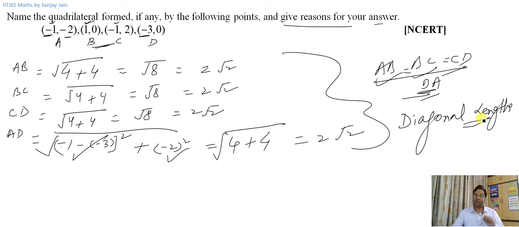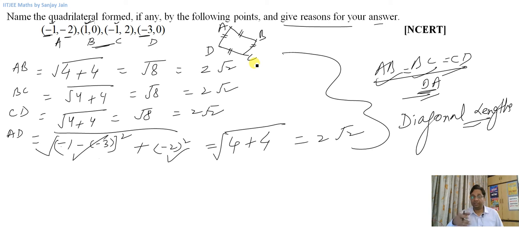Because if the diagonals are also equal in this case, then this quadrilateral will become a square, right? So if I draw this quadrilateral A, B, C, D, I have already shown that this is equal to this, is equal to this, is equal to this, right? So it will be a little early to say about this quadrilateral, right?